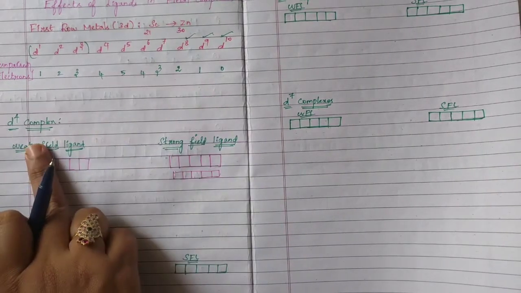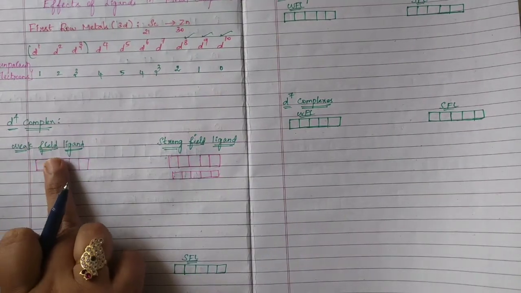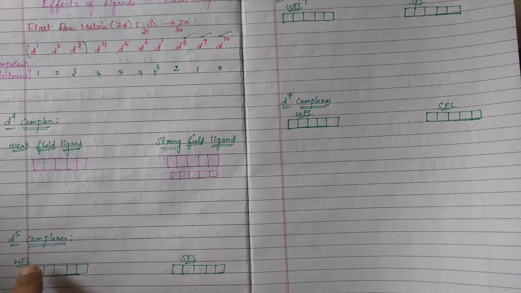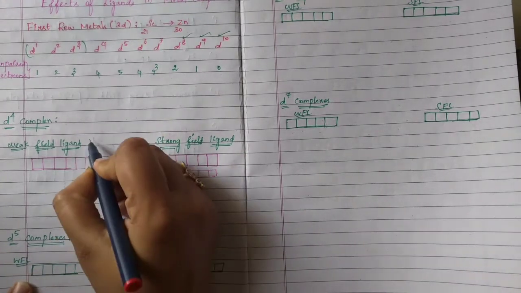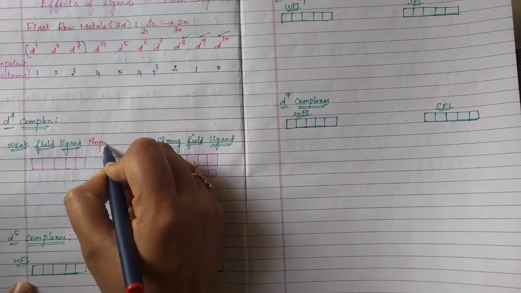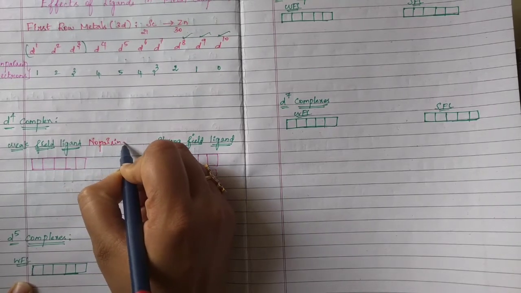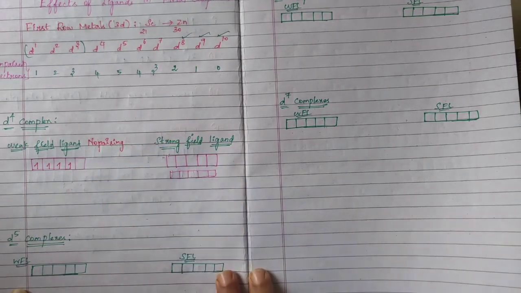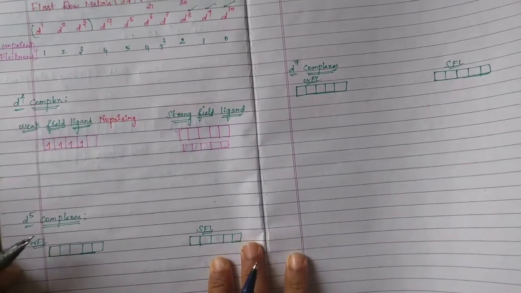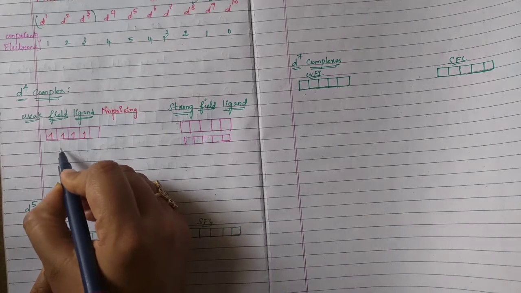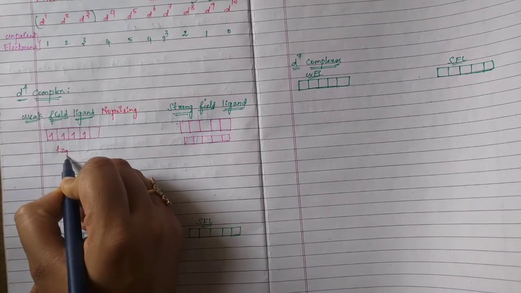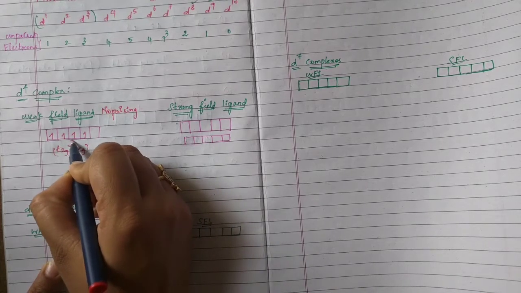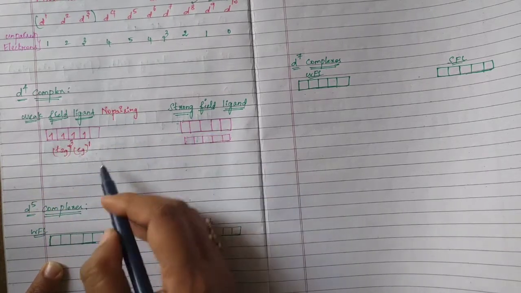For d4 complexes, if the ligand is weak field, we already know that no pairing takes place. So as it is, four electrons are there. Now the configuration is t2g3 eg1.